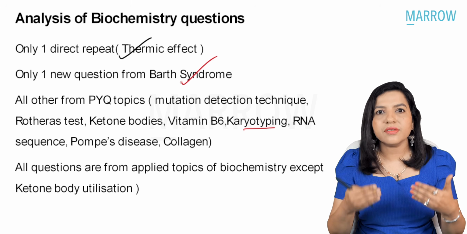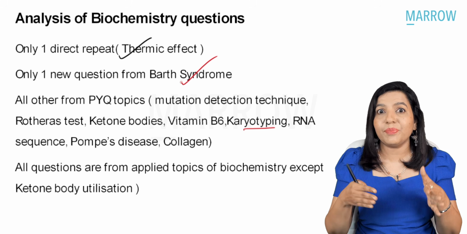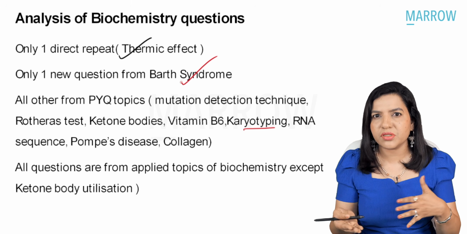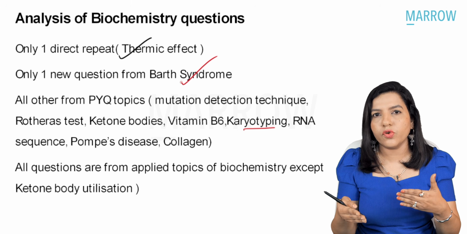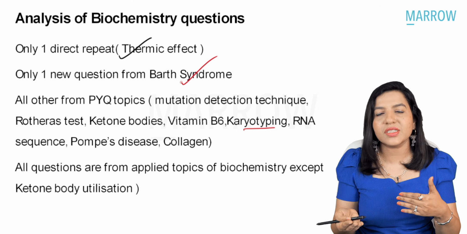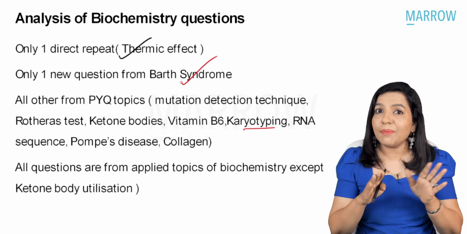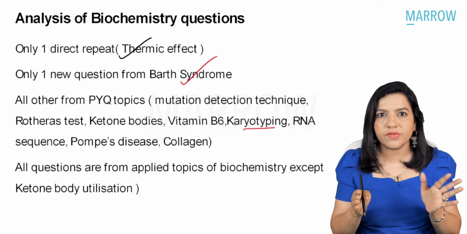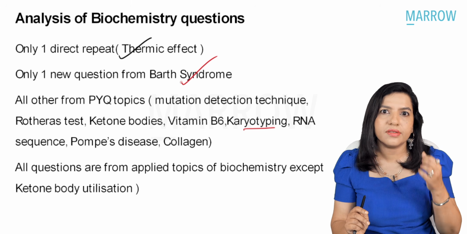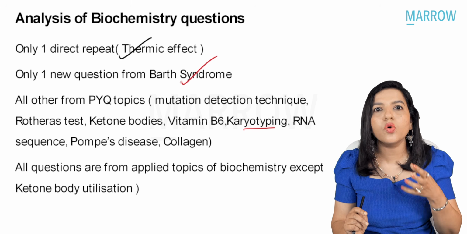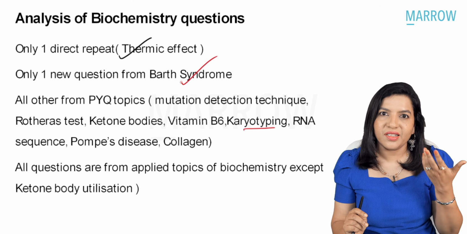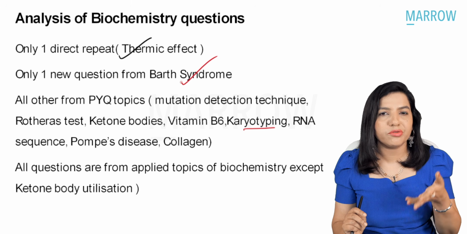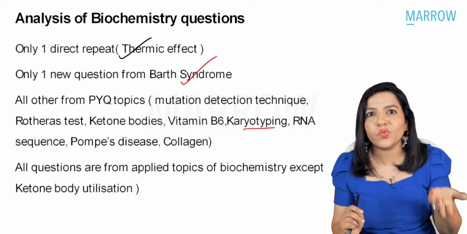And as nowadays, you know that all the questions are applied questions and scenario based questions. But in this INI-CET, scenario based ones were 3 or 4, but the rest were not scenario based, but still applied aspects of biochemistry were asked. One question I would say is not an applied aspect but pure core biochemistry: the enzyme absent in the liver, because there is no ketone body utilization in the liver because of the absence of which enzyme.